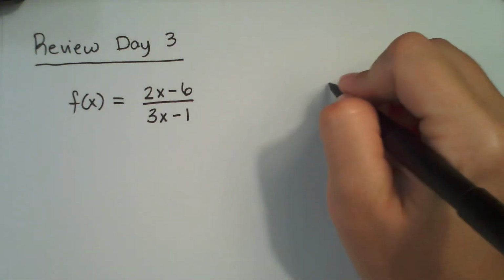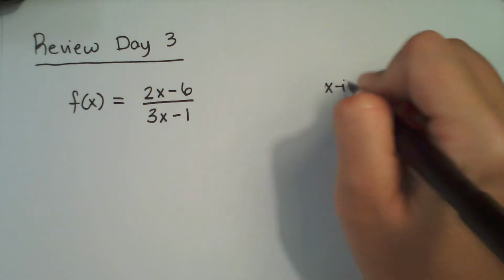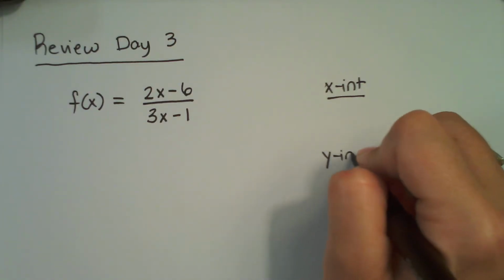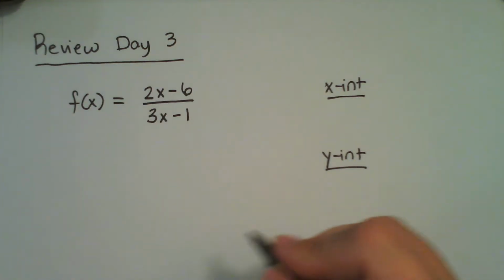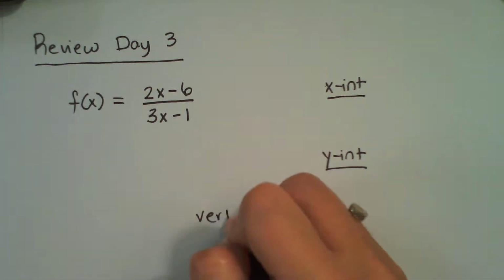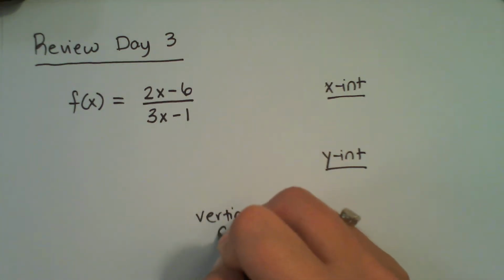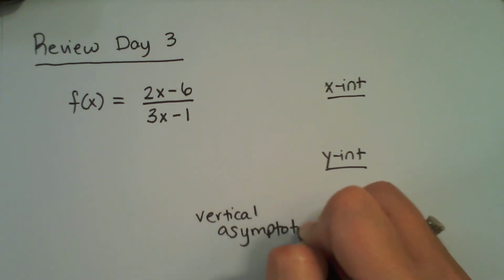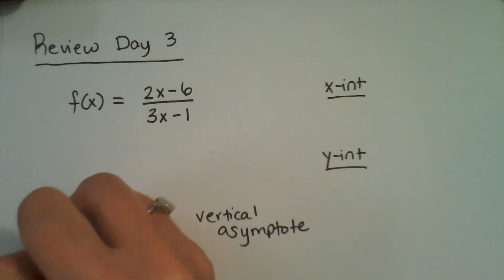All right. So we talked about finding these different characteristics: the x-intercept, the y-intercept, the vertical asymptote, and the horizontal asymptote.